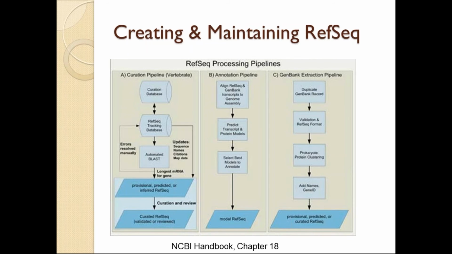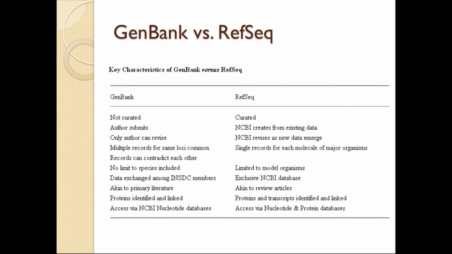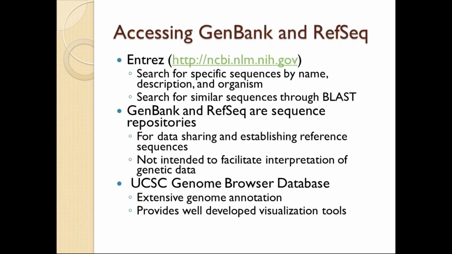So it's really a community effort. And I listed some differences between the tools, and you have the slides. If you want to access it, they actually provide a web user interface. You go to NCBI, you say Entrez, and you can type in some sequences, and you'll get the result back.